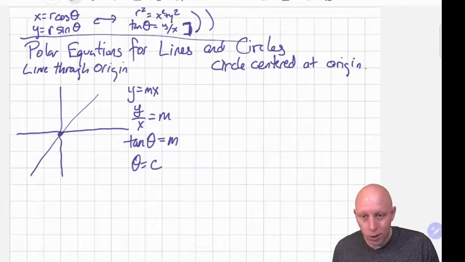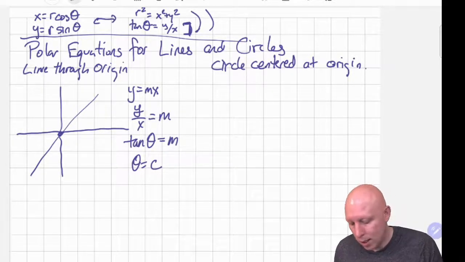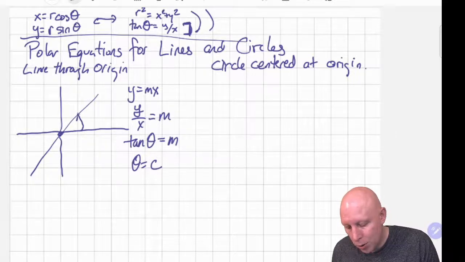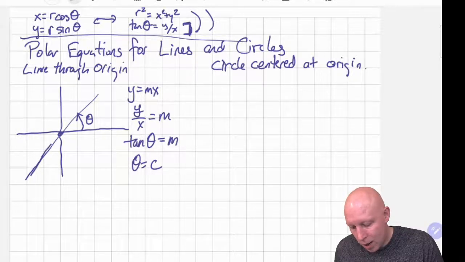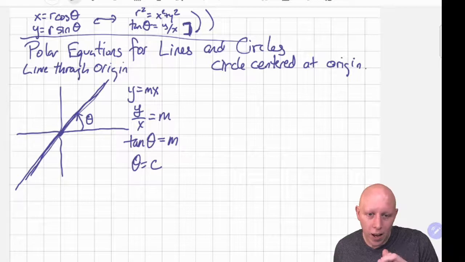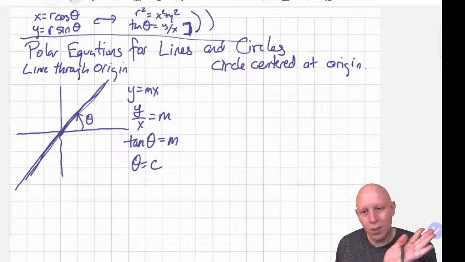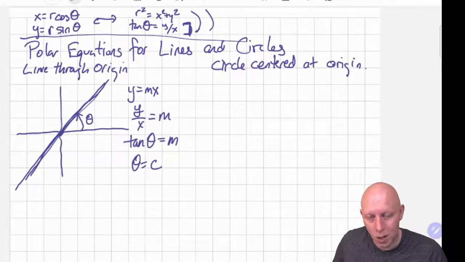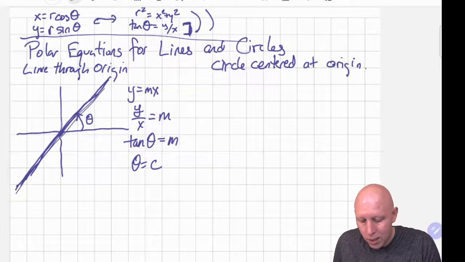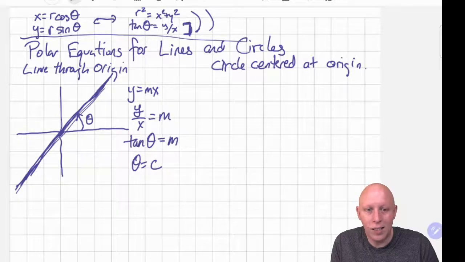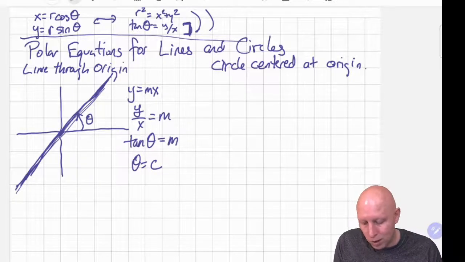And if we're looking at this line, that should make sense, because what's true about every point on this line? It's that they all have the same angle, if you look at the angle compared to the positive x-axis. Everything on this line therefore has theta as its theta component of its polar coordinates.